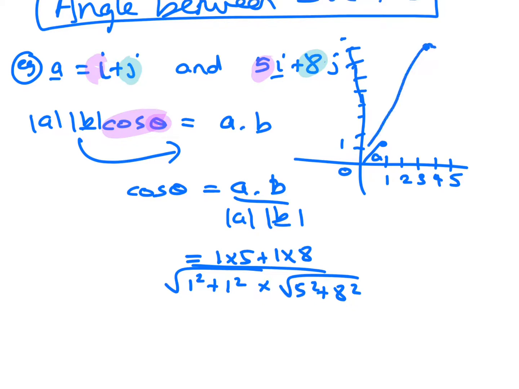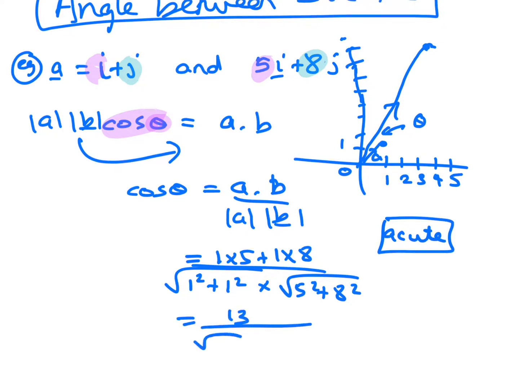What we're doing is getting the angle between these two vectors, which is theta. Do you notice that it is an acute angle? And you've got 5 plus 8, which is 13. Do you notice that the dot product on top is positive? When it is positive, it makes it an acute angle.